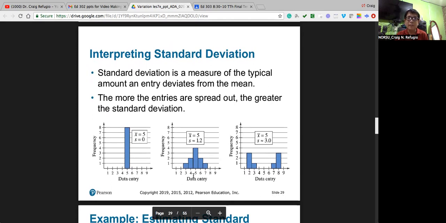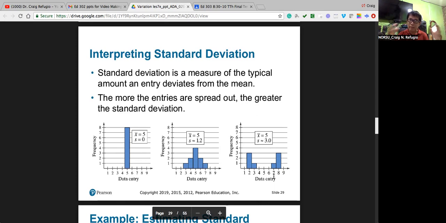In this data entry, x bar is equal to 5, and the standard deviation is 1.2. And here, x bar is still 5, and the standard deviation is 3.0. As the value of the standard deviation increases, you notice that the values are getting farther apart.